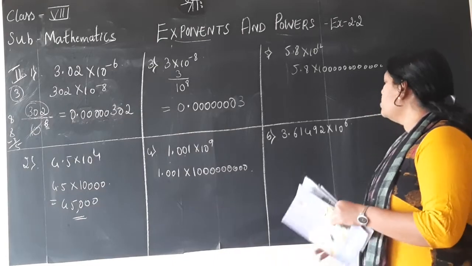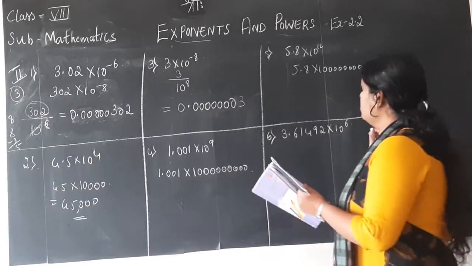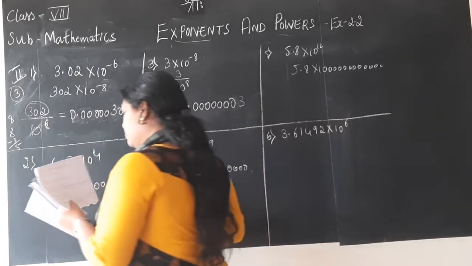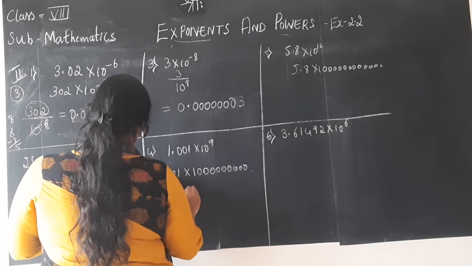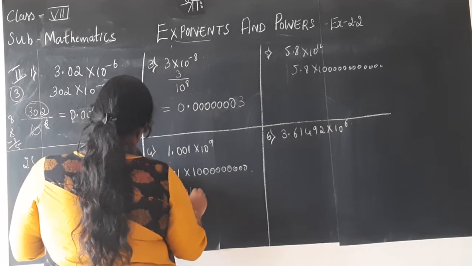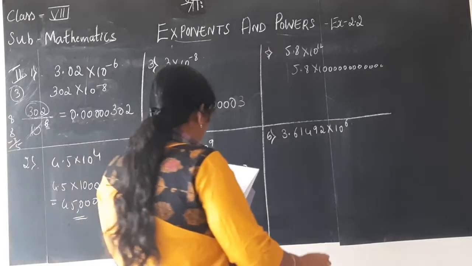Here also positive, I have already worked it out children. What you get here is 1 0 0 1 1 2 3 4 5, cross check it once.